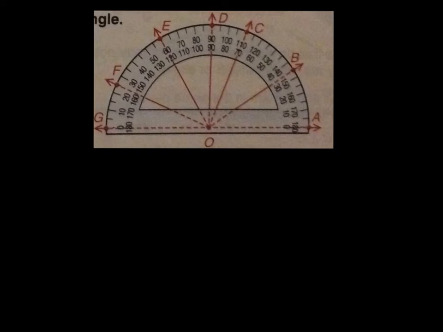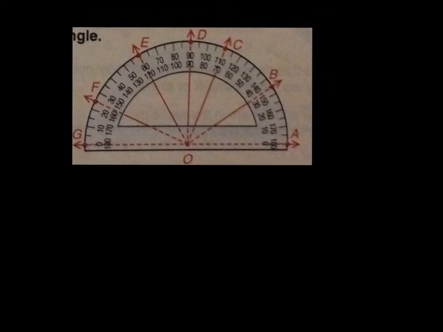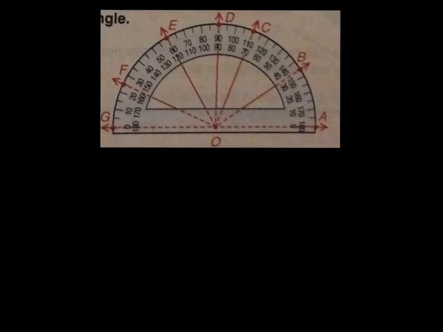So here are the angles that they have for your assignment today for problems 1 through 6. They're asking you to name the points that are on the interior and exterior of an angle and then find the measure of the angle. So for number 1, they're asking you to find angle AOE.